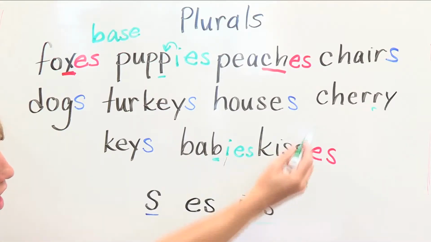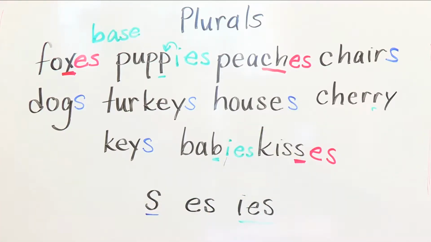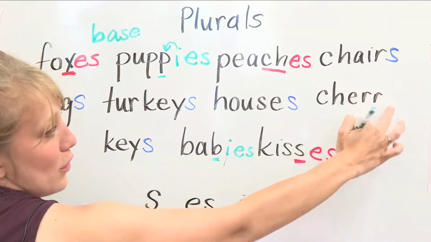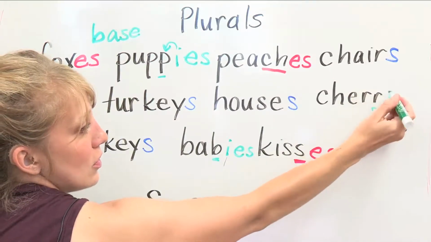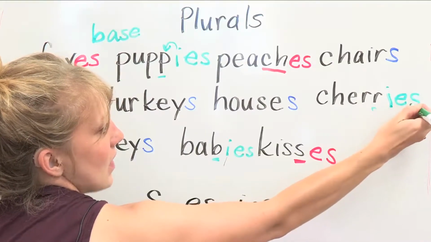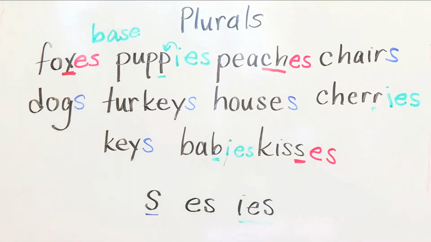Right? And then look at cherry. There's a Y, there is a consonant immediately before it. I'm going to drop that Y, change that to I, and add ES. Okay? So students need to understand that you're dropping the Y and changing it to I.